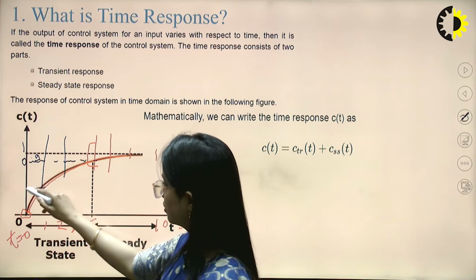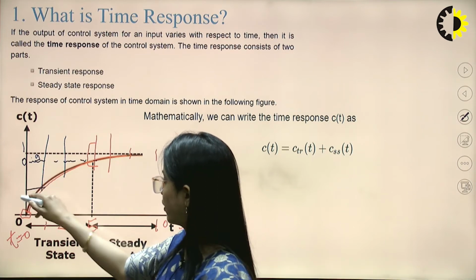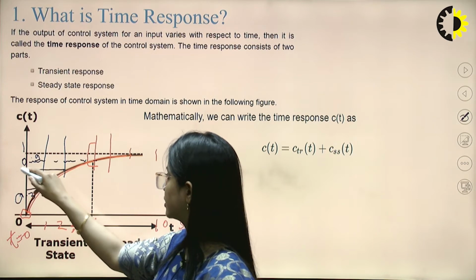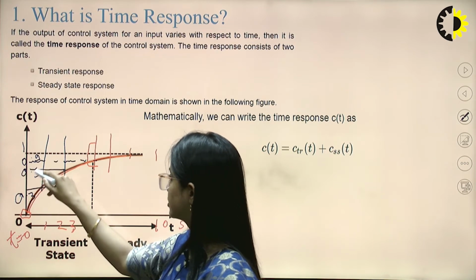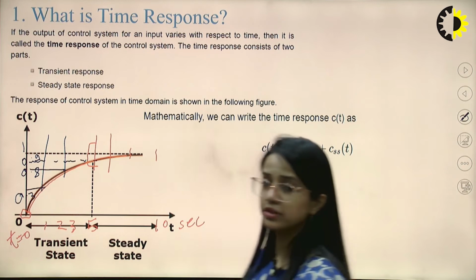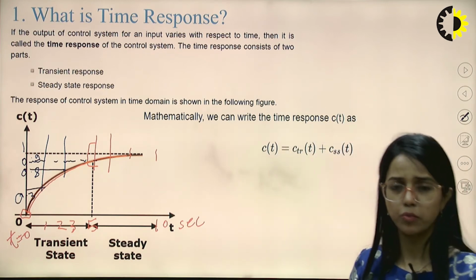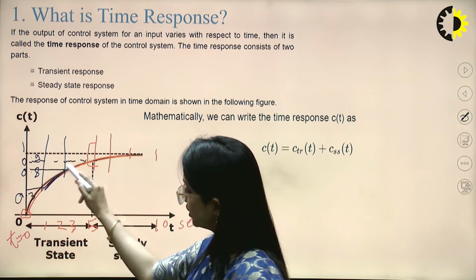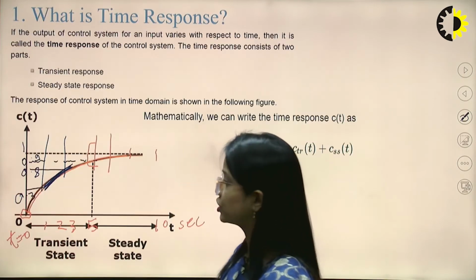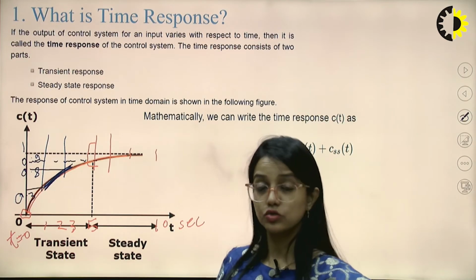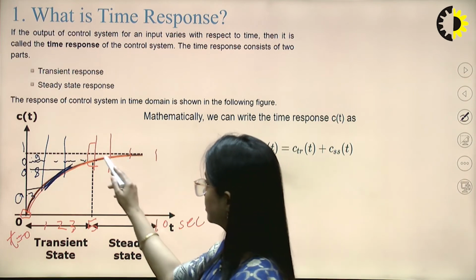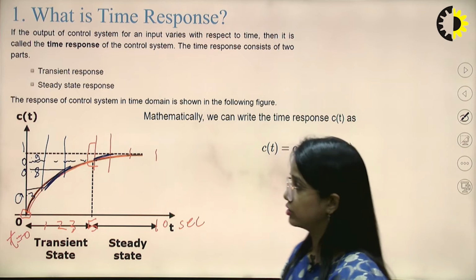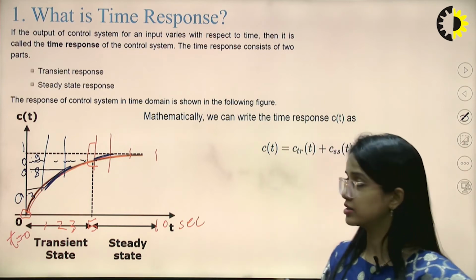So, here we are having 0.3 and here we are having 0.8. The difference between 0.8 and 0.3 is like 0.5. So, here the difference between initial and final value is so much, and here the difference between initial and final value is just 0.1. So, we are calling it steady state.